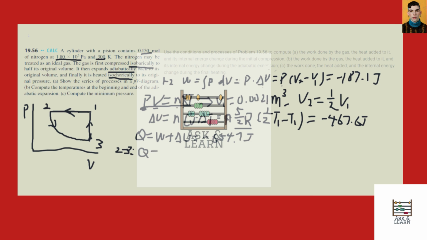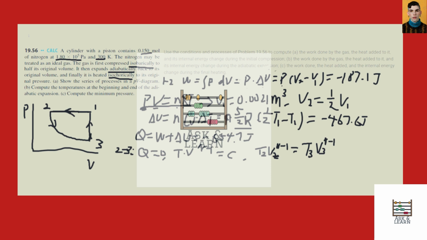So Q is 0. In that case, we know that for an adiabatic process, T times V to the gamma minus 1 is a constant, right? So we have the relation T2 V2 gamma minus 1 equal to T3 V3 gamma minus 1.